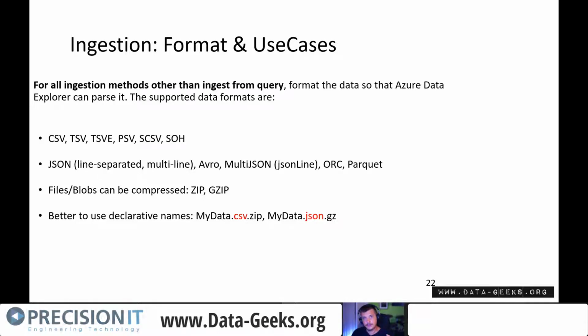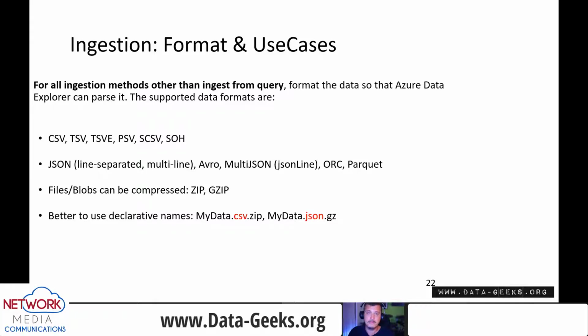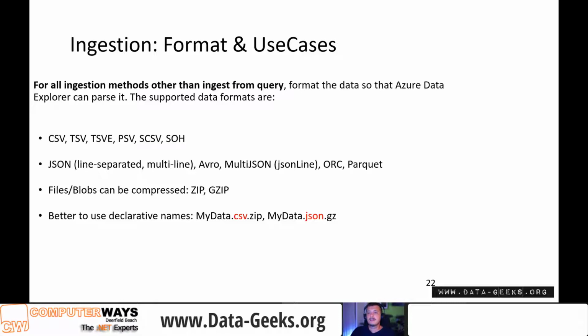So the first one is choose the right format. In my own case, so IoT, I prefer to use Parquet because it has a good compression ratio. So in order to avoid too much throughput, I prefer to compress the file using the Parquet format, and after that, the zip format.